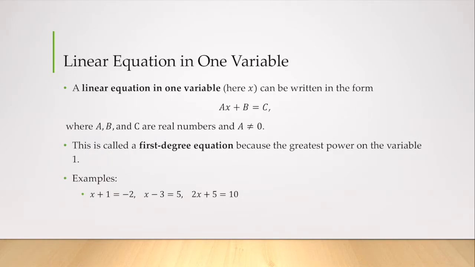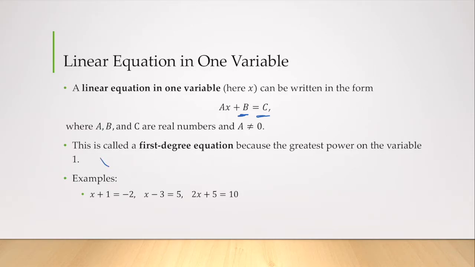A linear equation in one variable, here x, we're going to use x primarily as our variable, can be written in the form ax plus b equals c, where a, b, and c are real numbers and a doesn't equal 0. That's because if a was 0, it would just be two constants equal to each other. This is called a first degree equation because the greatest power on our variable is 1.